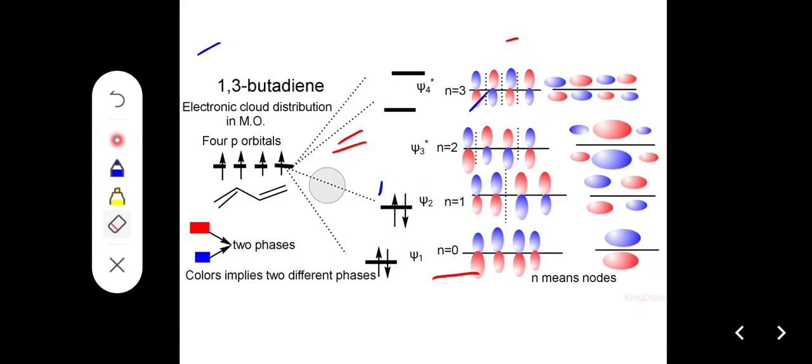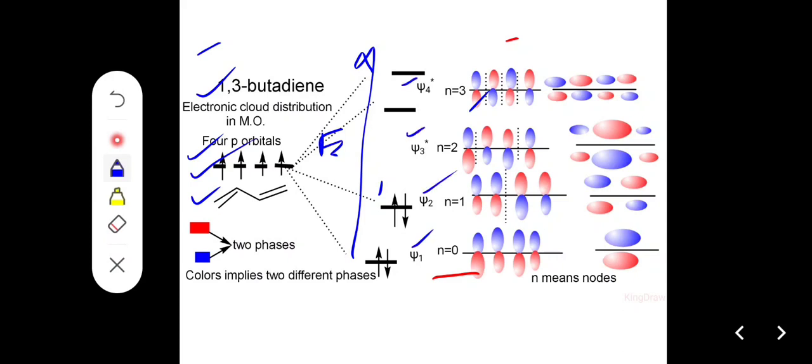We have 1,3-butadiene with its MO cloud distribution, 4 p orbitals with 4 electrons. In the energy diagram, psi 1, psi 2, psi 3 star, psi 4 star; star means antibonding MOs. Psi 4 and psi 3 star correspond to antibonding molecular orbitals, and psi 2 and psi 1 correspond to bonding molecular orbitals.